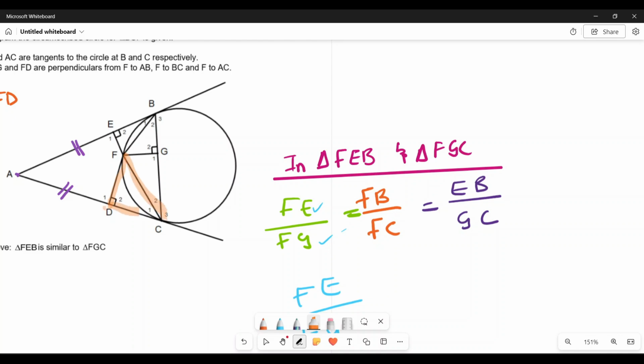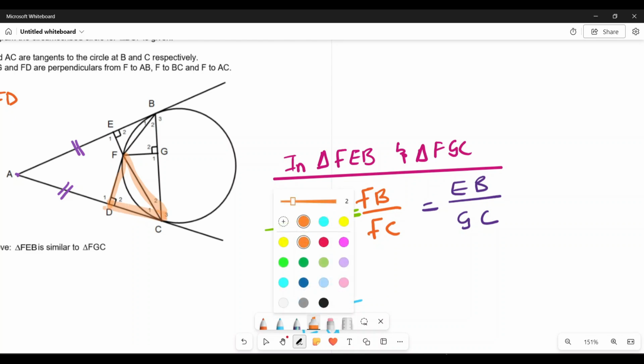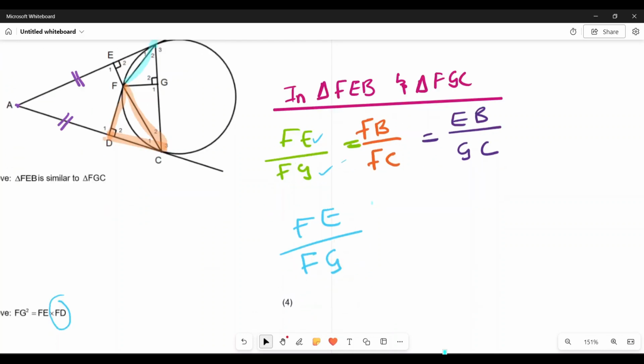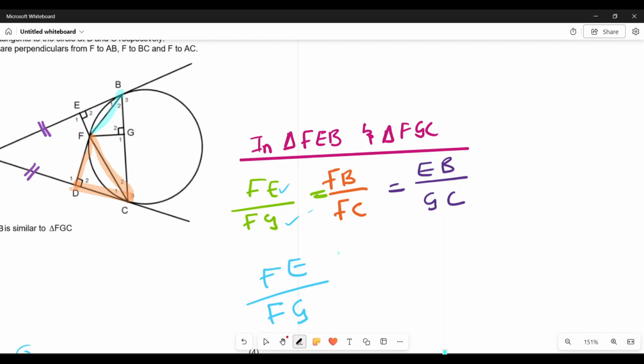I'm going to prove that this is similar to this triangle, because this triangle has the line that I'm looking for. Remember, what is that line? FD. FD is in this orange triangle. So I'm going to use similarity in these two triangles.